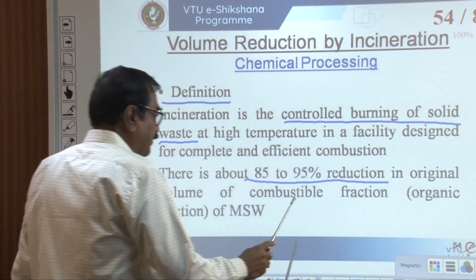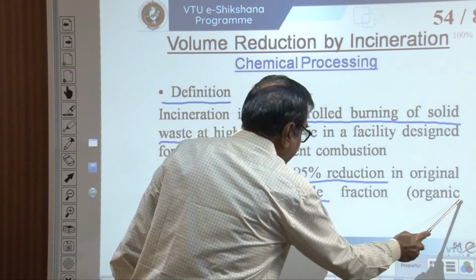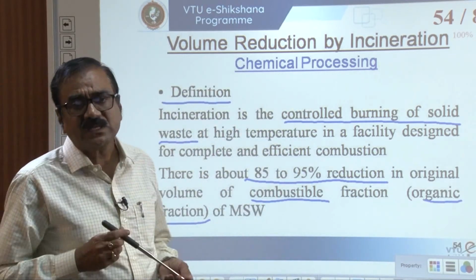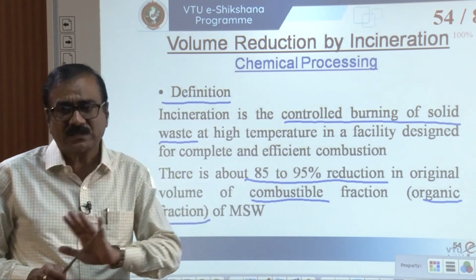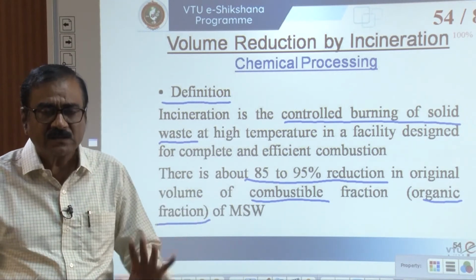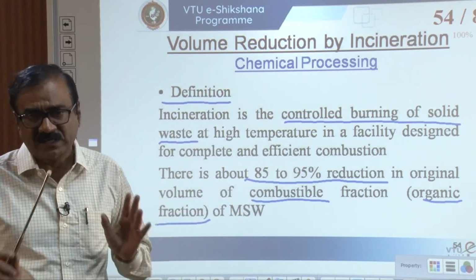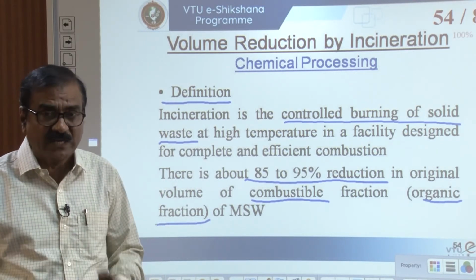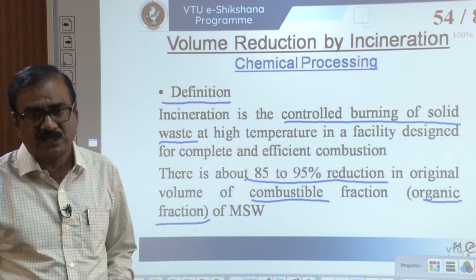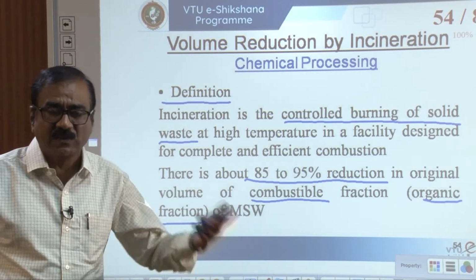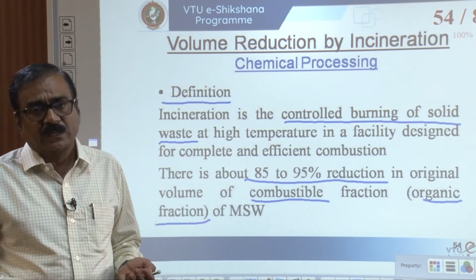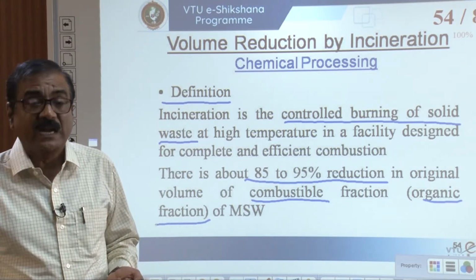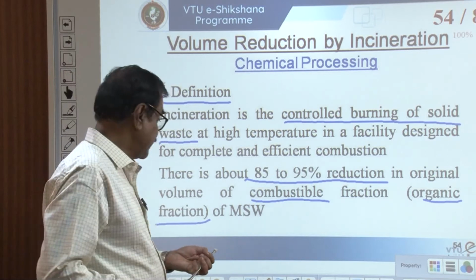Mainly the combustible fraction is organic in nature. So it is nothing but a controlled burning of the solid waste material at very high temperature in a facility designed where sufficient quantity of air is supplied. The major advantage is that significant reduction up to 95% is possible, which is helpful for increasing the lifespan of the landfill facilities.